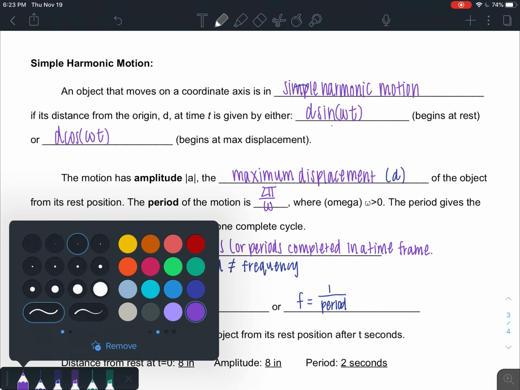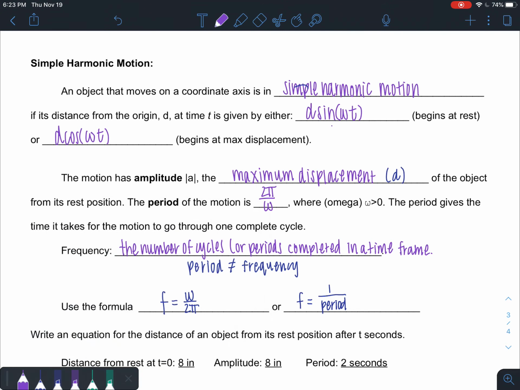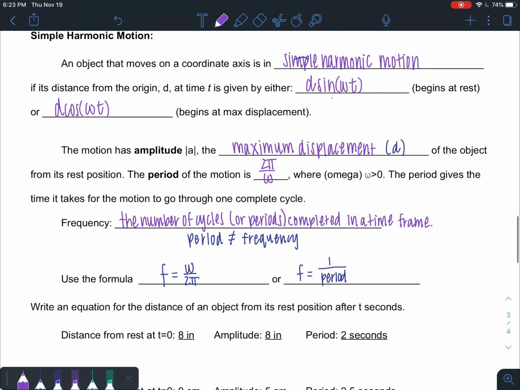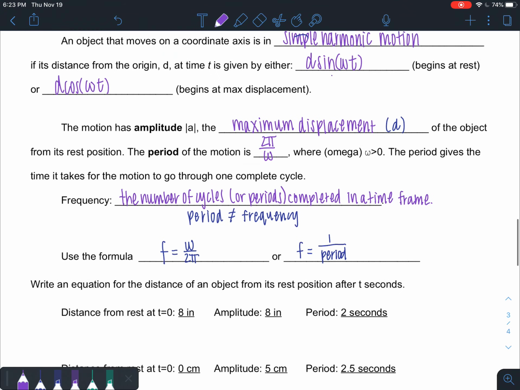Frequency is the number of cycles or periods completed in a time frame, whereas the period is the amount of time it takes. But they are related because frequency is the inverse of the period. So frequency is omega over 2 pi, or b over 2 pi, and then frequency is 1 over the period, which is our inverse.